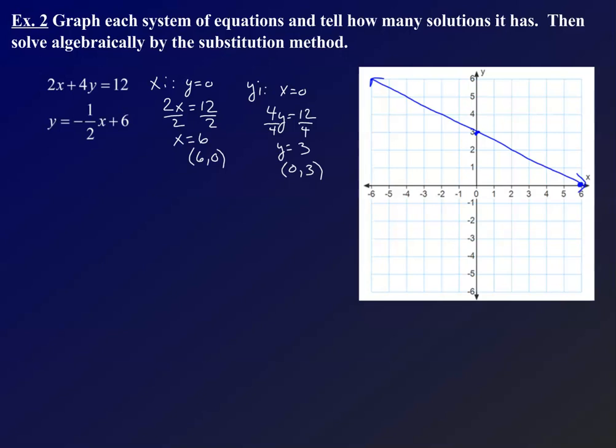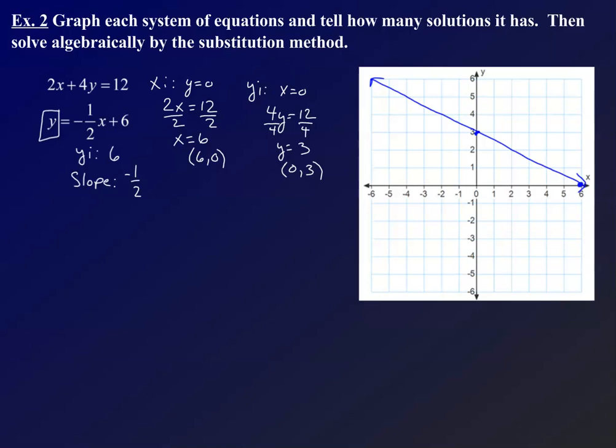Now the second equation is in slope-intercept form because y is by itself. So with this one we need the y-intercept, which is 6, and we need the slope, which is -1/2.